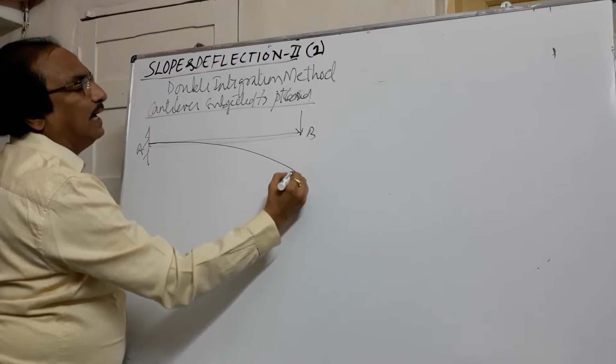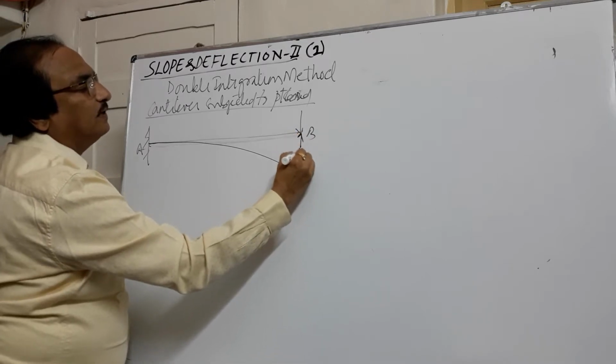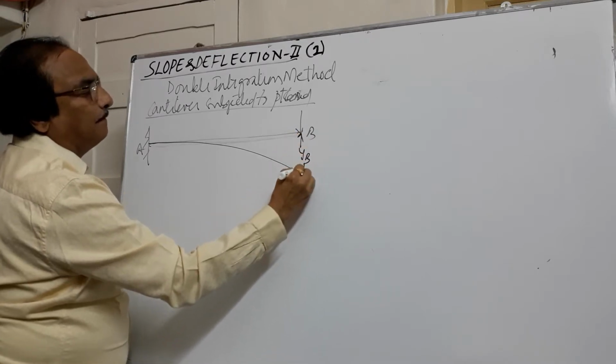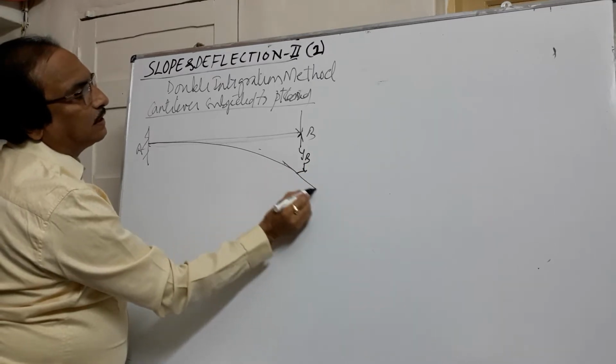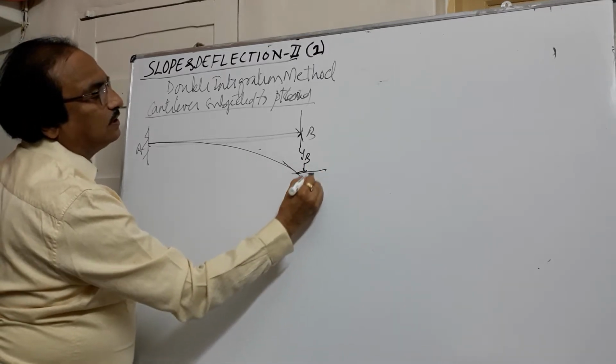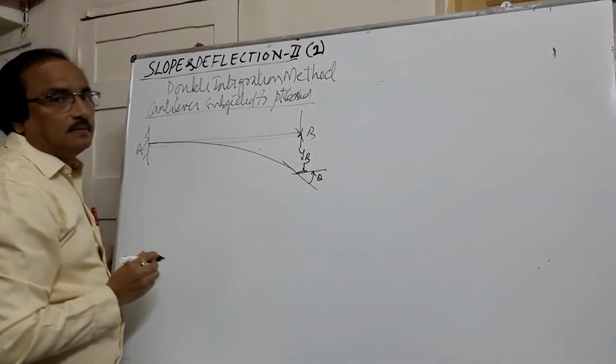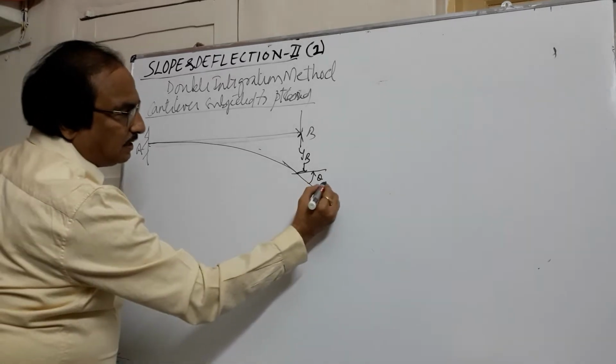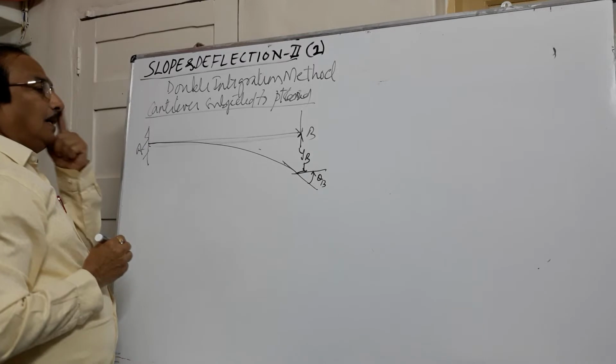Here at B the deflection is YB, and if I draw a tangent to the initial position, there is a rotation theta. This rotation at B we will call theta B.